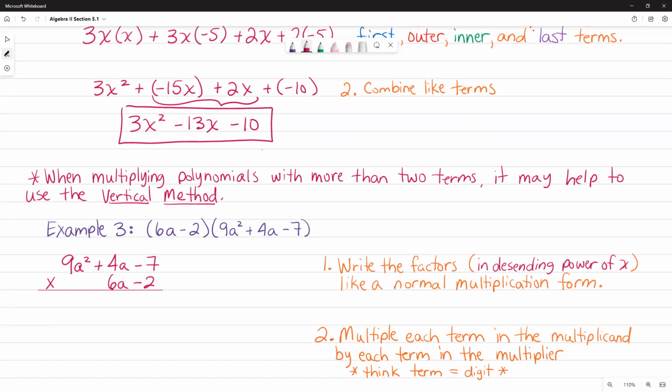Okay, plus 14. -2 times positive 4a. -8a. -2 times 9a squared. -18a squared.